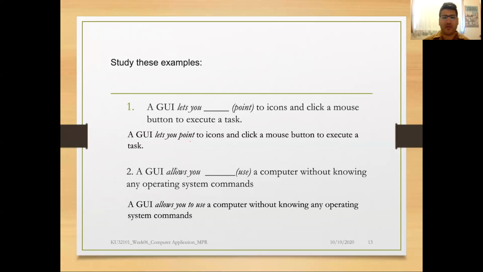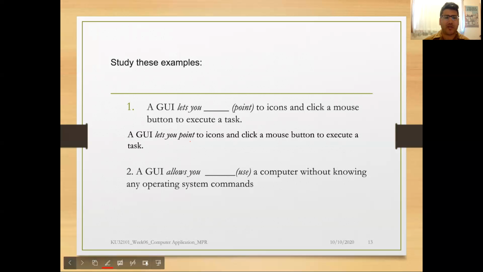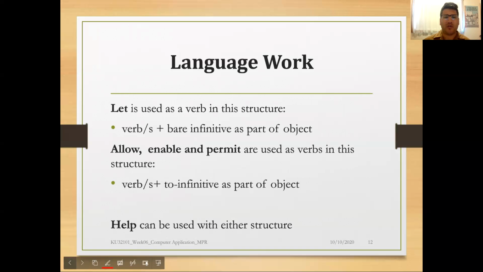So when we use the word allow, or enable or permit, we need to use the to infinitive. We need to have the word "to" with the infinitive.